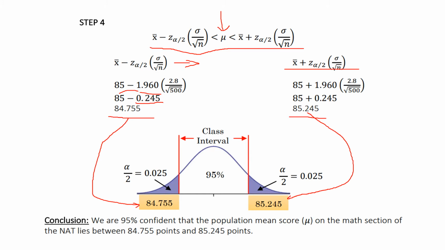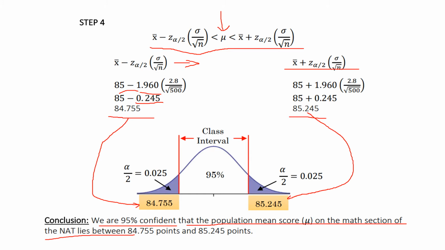So our conclusion here: we are 95% confident that the population mean on the math section of the knot lies between 84.755 points and 85.245.